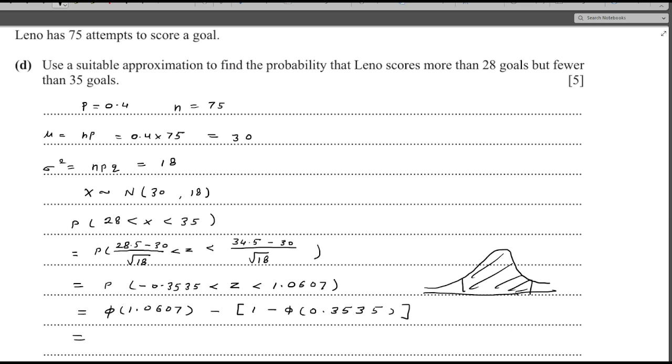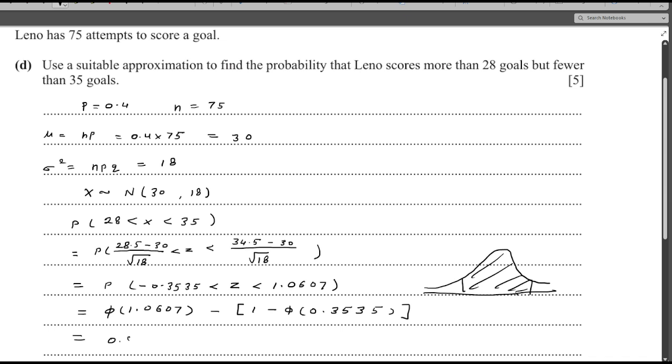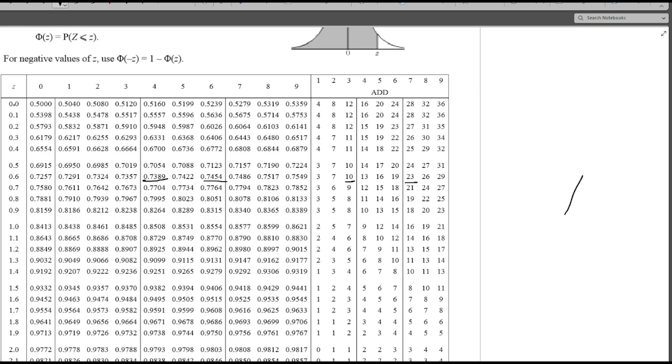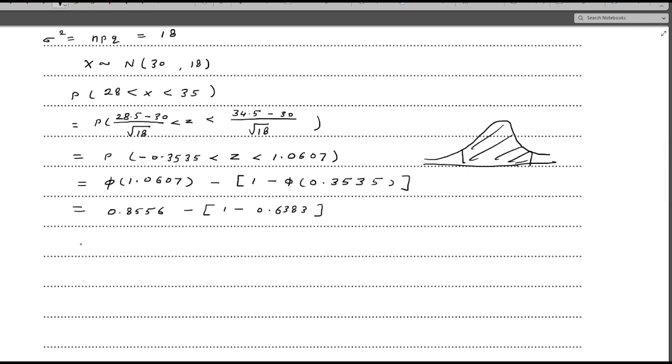Okay, so let us see your normal table, phi of 1.0607, which is rounded to 1.06, so it will become 0.8556, minus 1 minus 0.3535, which is 0.6383.